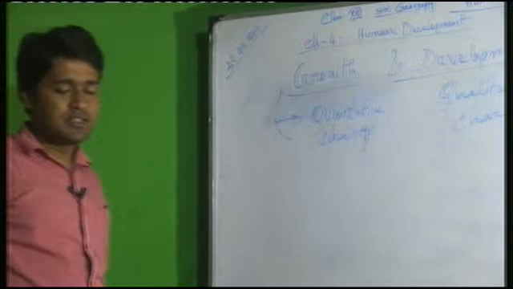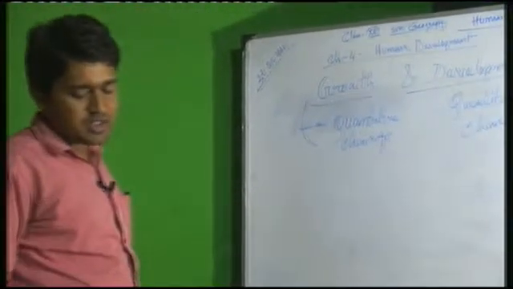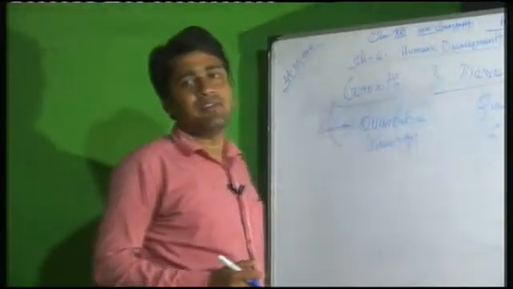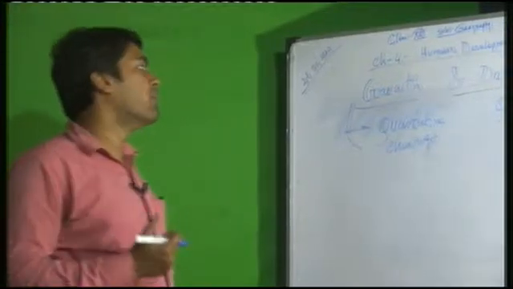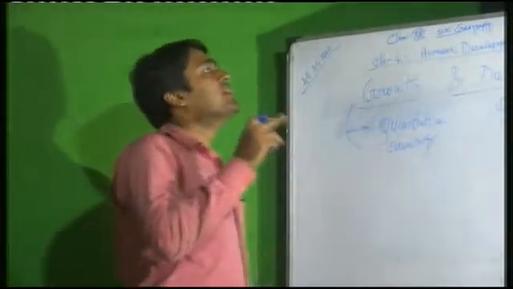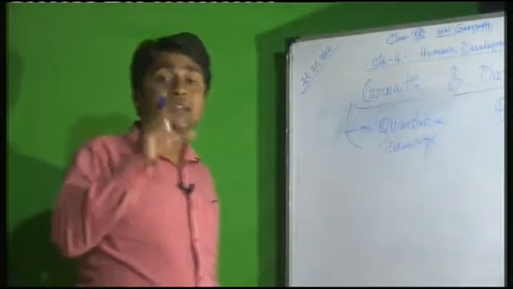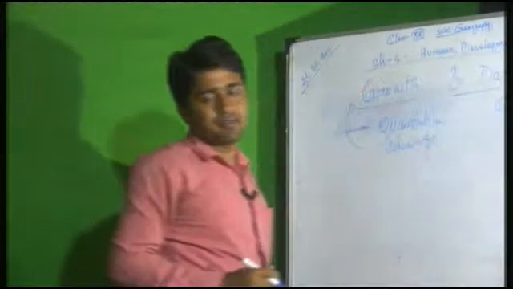The difference is that growth is quantitative and value neutral. Growth is quantitative, that means quantity, how many in number, is related with growth, and the quality of these materials is related with development.